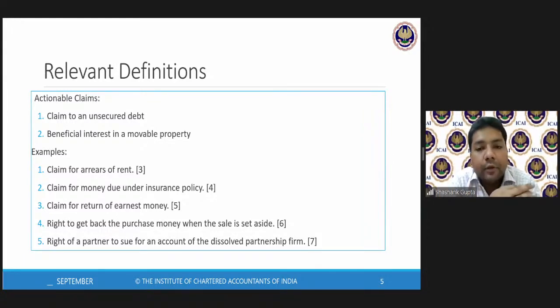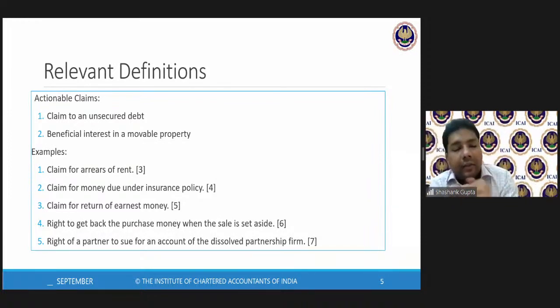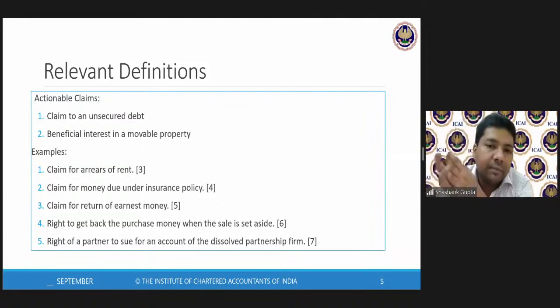You bought something from someone, now you have returned it, the sale is set aside, and you want your purchase money back, that is also an actionable claim. Or the right of a partner to sue for an account of the dissolved partnership firm. There is a partnership firm, the firm is dissolved, and the partner wants to sue for an account asking where is my share of the partnership. That is also an actionable claim.